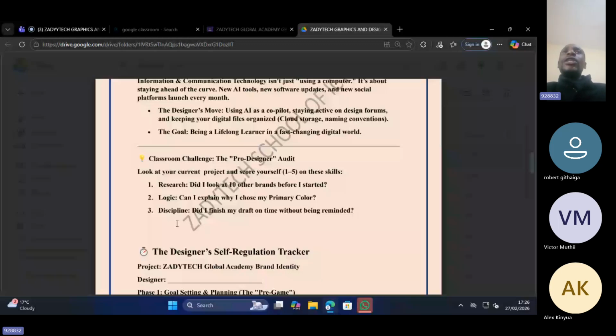So ensure that you finish your draft on time. You don't have to be pushed by the client, reminded by the client that the due date we agreed has elapsed, so where is my design? No, you have to be disciplined. You set your deadlines, and you complete your class deadlines. You don't transfer your problems to the class side.